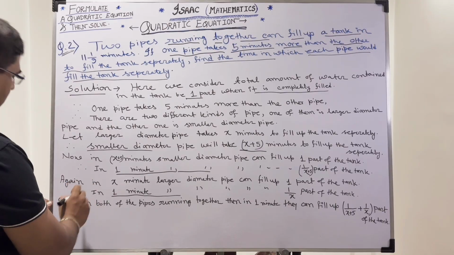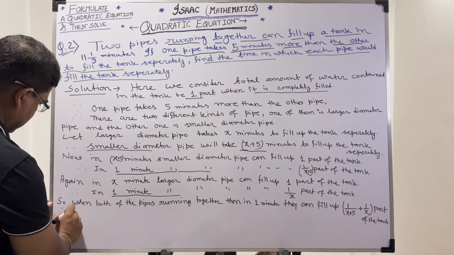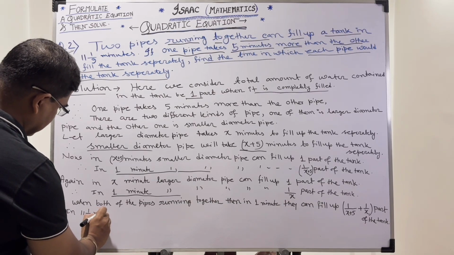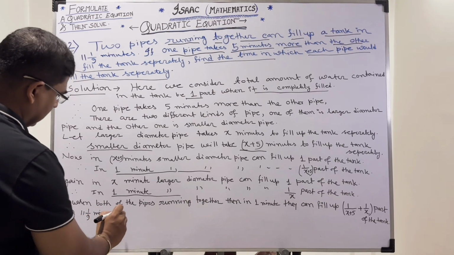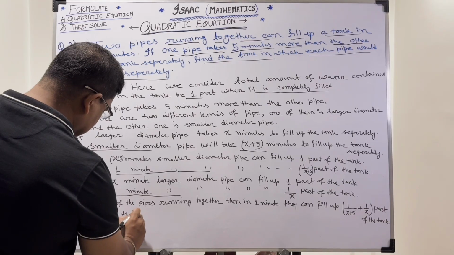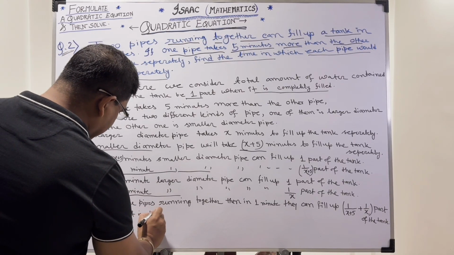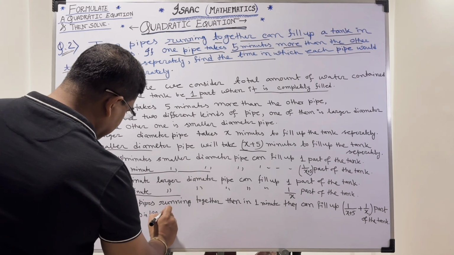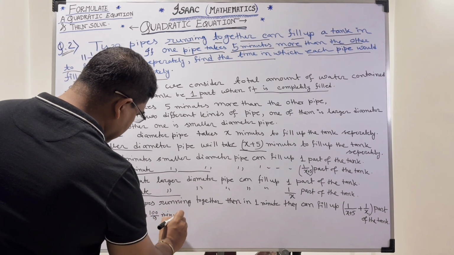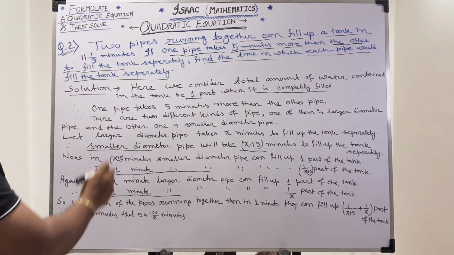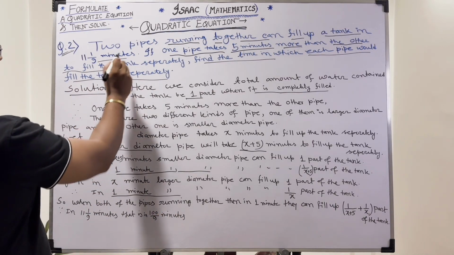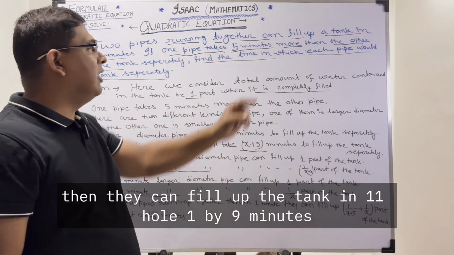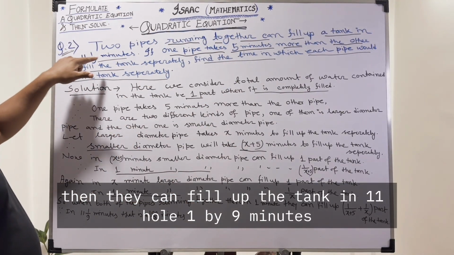Since, according to the question, when both of the pipes are running together, they can fill up the tank in 11 whole 1 by 9 minutes.